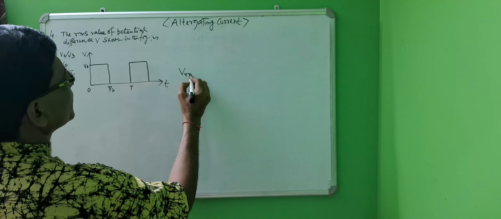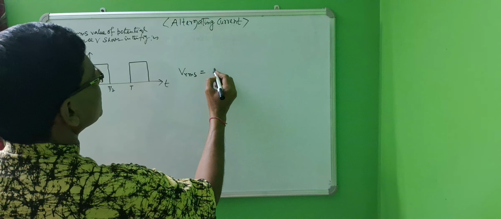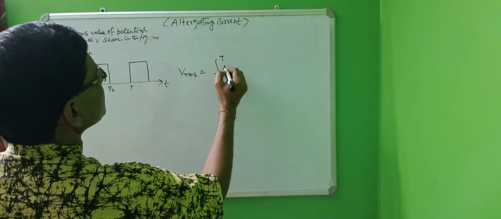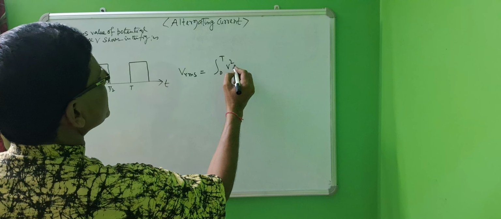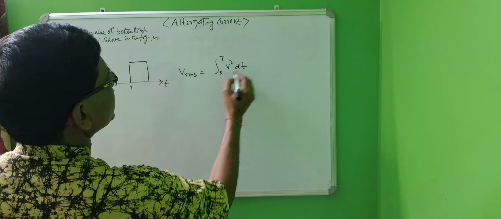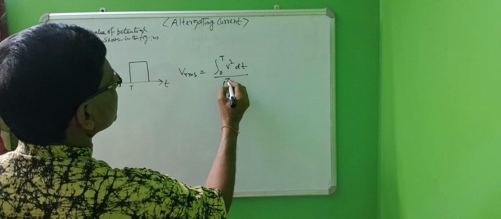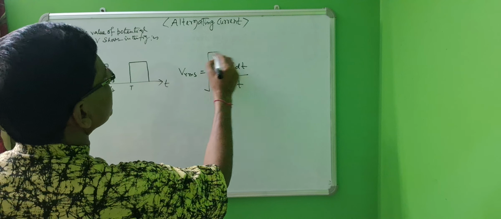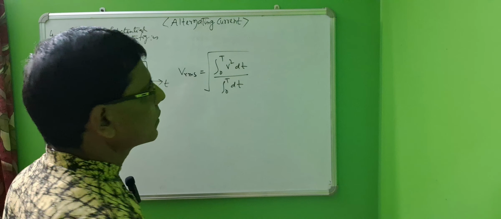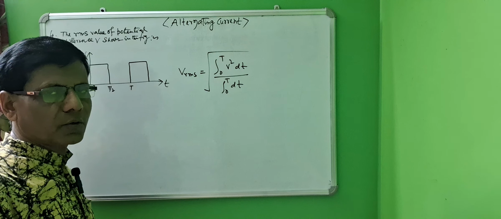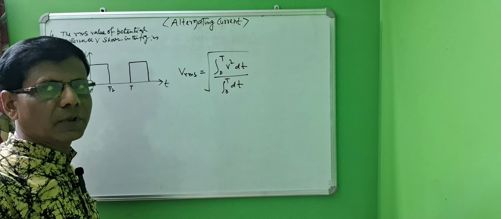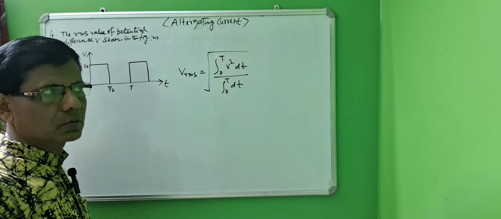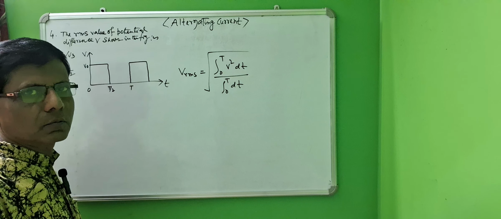So VRMS equals the integral from 0 to T of V square dt, divided by the integral from 0 to T of dt, and the root of this. Root mean square value.